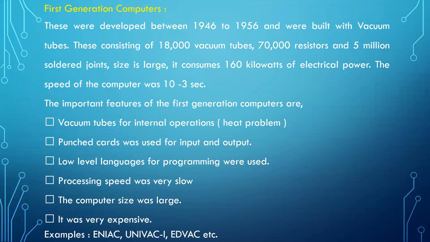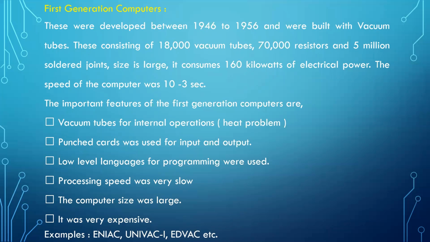For input-output operations, nowadays we use devices like the keyboard and mouse, but in the first generation, punching cards were used. The punching cards are nothing but a hard paper sheet. On that sheet, you make punchings for inputs and provide them in order to the computer.